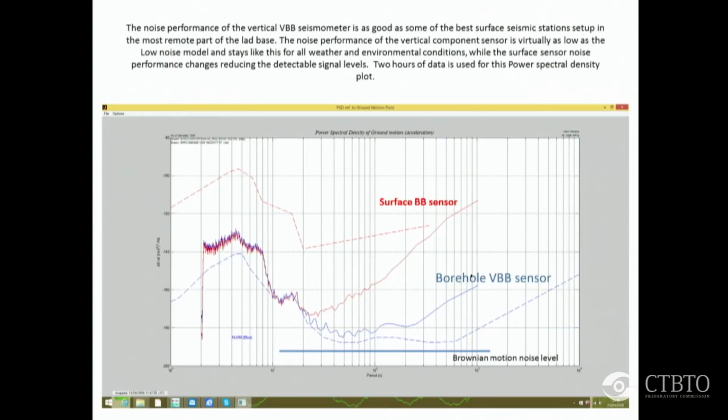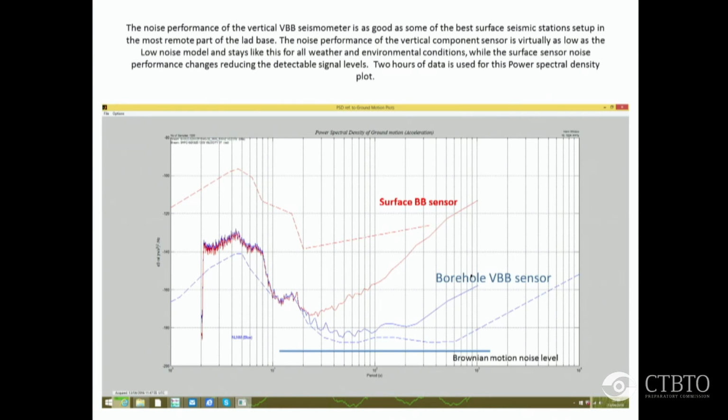Looking at the frequency domain, you can see the broadband VBB sensor at 150 meters deep. Now I'm sure you're all aware, that's the low noise model, which has been around a long time, or the new low noise model. And that is the power spectral density of the VBB instrument.